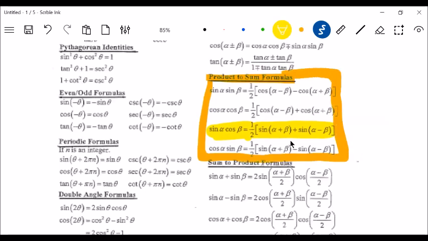Notice that they're set up so that in this case it's sine and cosine, sine alpha, cosine beta. If it's both sine or both cosine, they're different formulas. If it's cosine first and then sine, it's a different formula. The differences look minor, but they're pretty major when you recognize that sine and cosine are not the same. So let's take this formula for this problem.